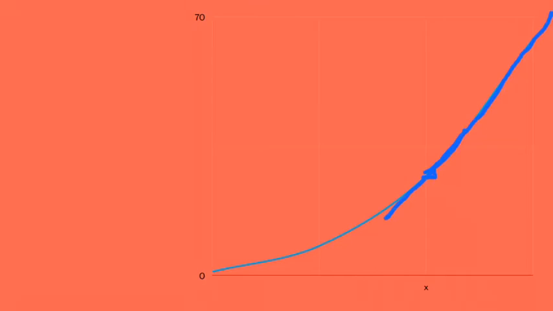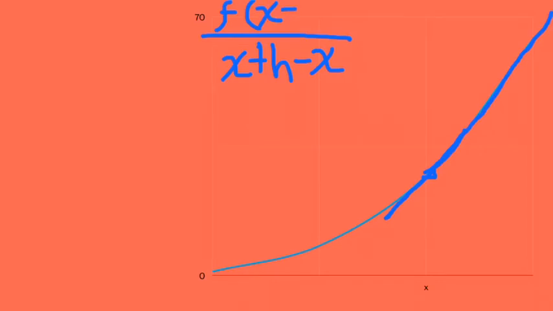So dx is basically delta x, or x plus h minus x. And then this m at all the points is f of x plus h minus f of x, or the change in f of x, delta f of x, or delta y, right?